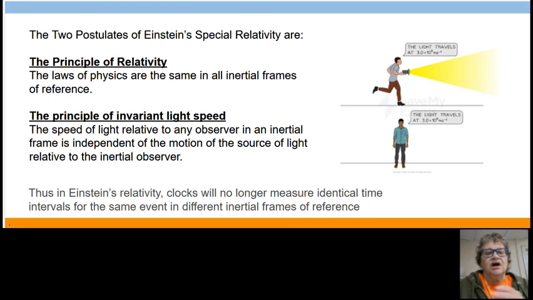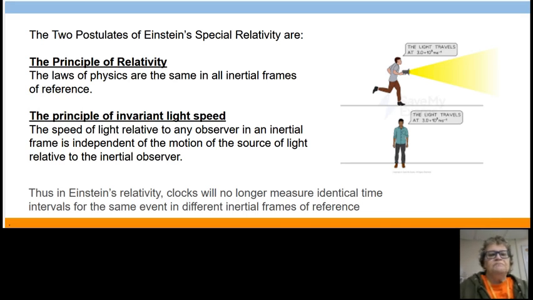But the laws themselves are still the same. Okay. He also said the principle of invariant light speed: the speed of light relative to any observer in an inertial frame, remember inertial is a non-accelerating frame, is independent of the motion of the source of light relative to the inertial observer. So basically he's saying the speed of light has to stay the same.